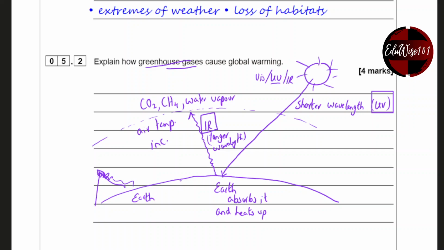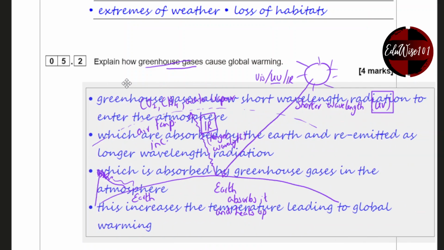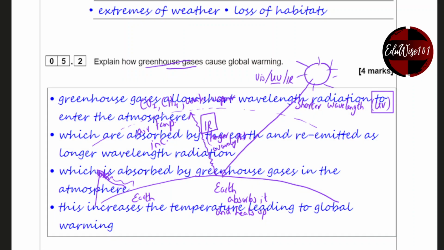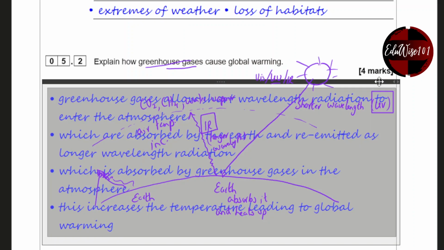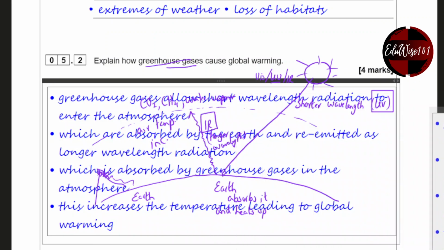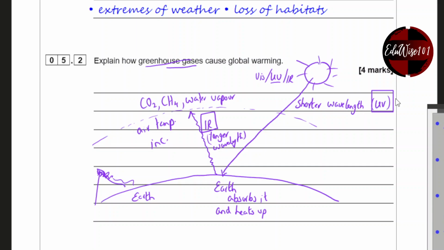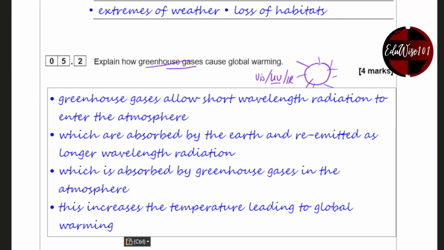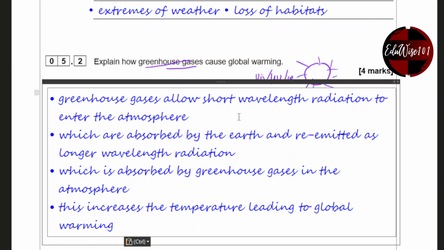So how do you write this answer? Greenhouse gases allow short wavelength radiation to enter the atmosphere.